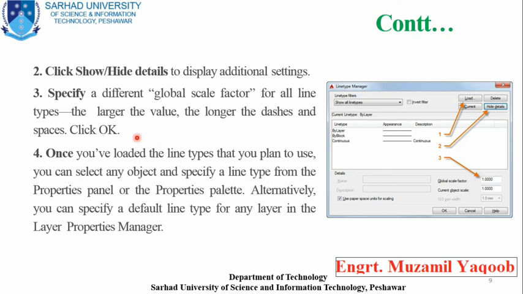After selecting that, just click OK. Once you have loaded the line types that you plan to use, you can select any object and specify a line type from the properties panel or properties palette. Alternatively you can specify a default line type for any layer in the Layer Properties Manager. So this is how we change the line type in the properties section.